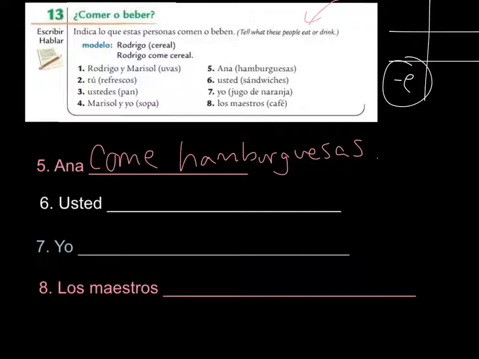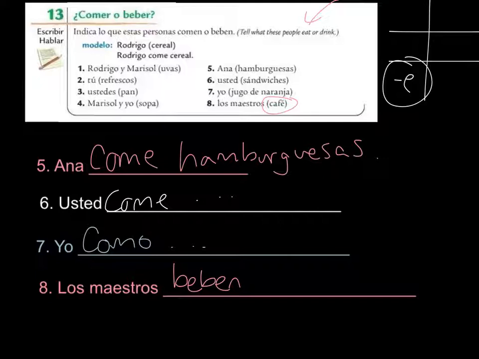So usted come sándwiches. Number 7, jugo de naranja is orange juice, so it would be yo como jugo de naranja. Number 8, los maestros, café is coffee, so it would be beber, beben, café.